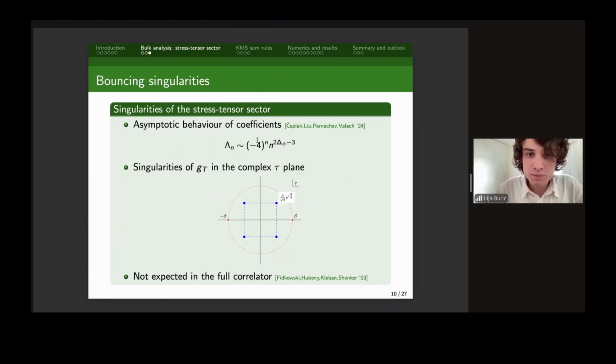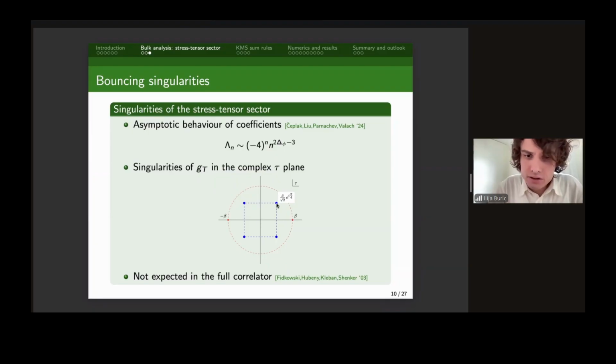And when you compute a lot of them and just inspect the behavior, you will see that they exponentially grow with this power -4 to the n, and then there is a power law, n to the 2Δφ-3, and then there is some coefficient multiplying this. So this led to the following observation, that if you just sum this with blocks, there will be a singularity in the complex tau plane, which is closer to the origin than the singularity at tau equals beta. We know that there is a singularity at tau equals beta because it is the KMS image of the singularity at the origin.